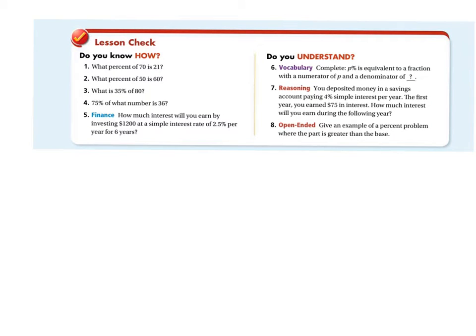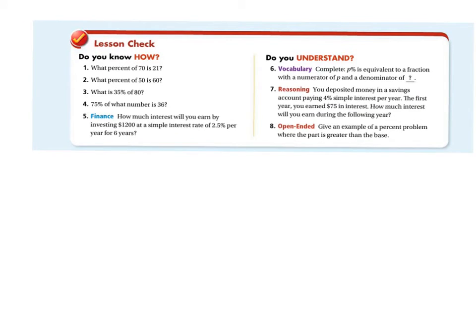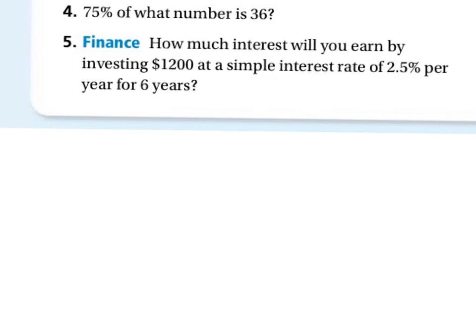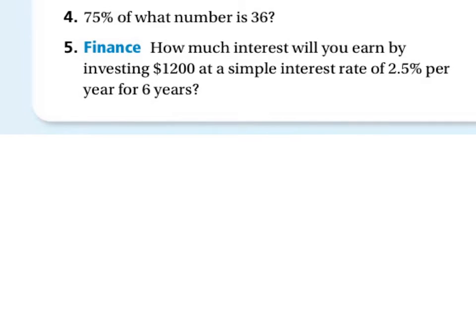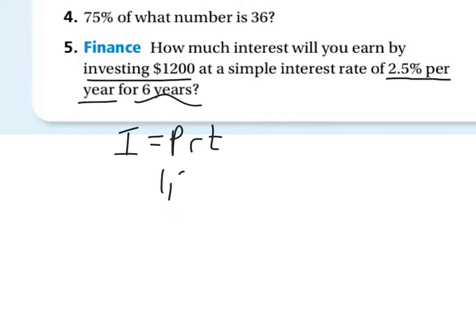So just to get a little bit more practice with it, if we look at the lesson check number 5, how much interest will you earn by investing $1,200, interest rate of 2.5% per year for 6 years? So we're going to use this formula. $1,200 is what we're investing, 2.5%.